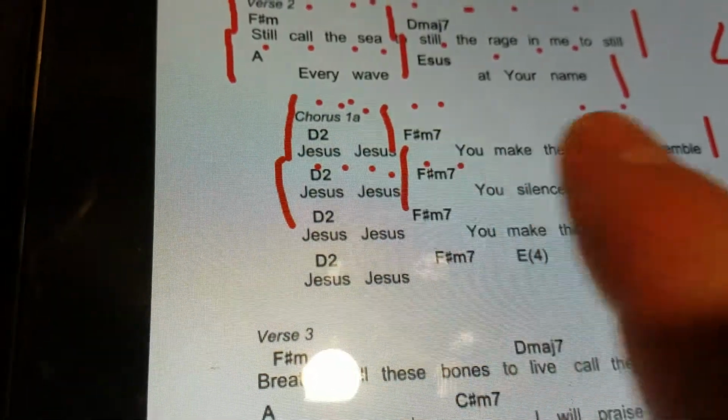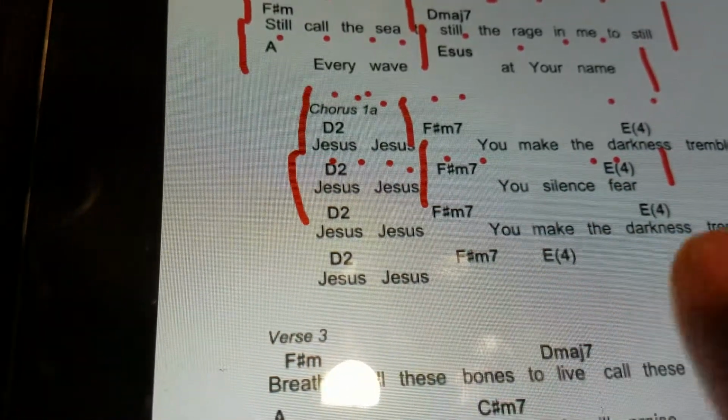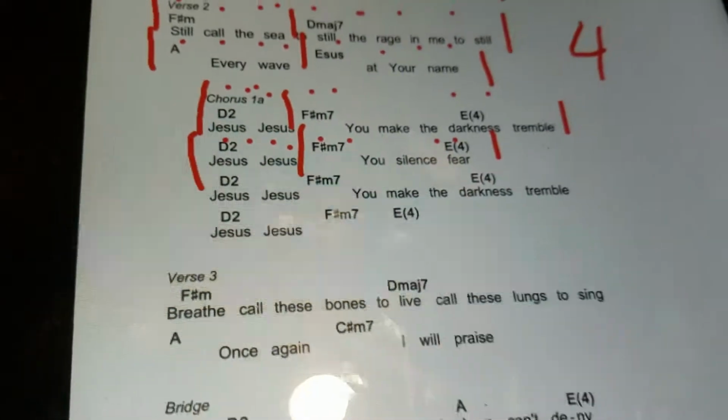Same all the way through. So that same chord progression there, the D, F sharp minor, E, D, F sharp minor, E, it's the same chord progression in the second section.